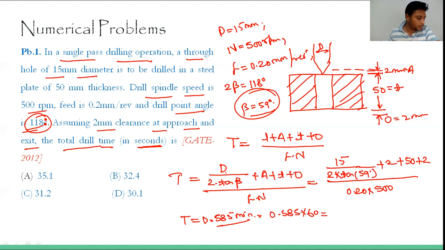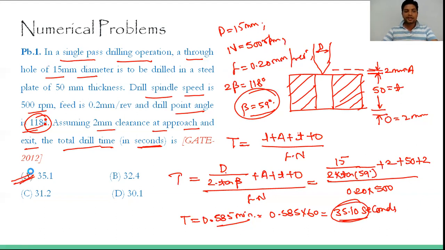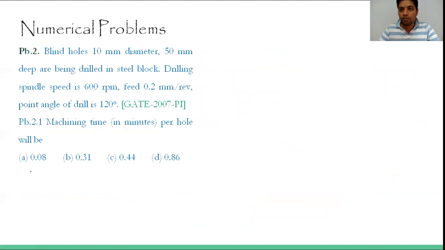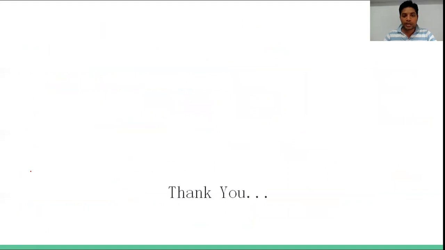When you multiply, you will get the value 35.10 seconds. So the option will be A. Now the second problem is homework for you guys. In the next video I will tell the answer of these questions, or we'll also solve this question. Okay, so thank you so much for joining this session, see you soon.